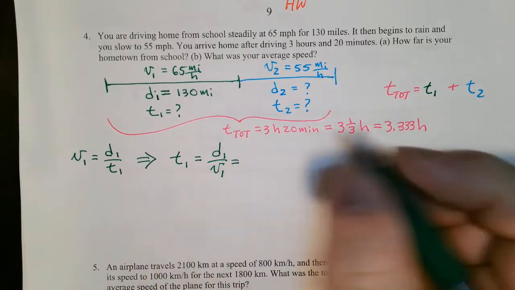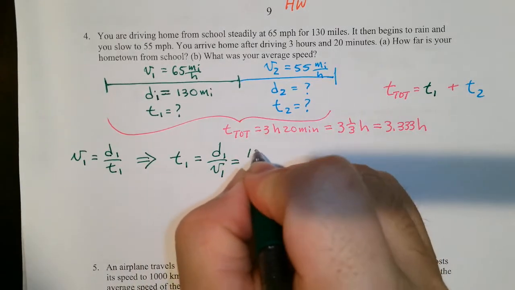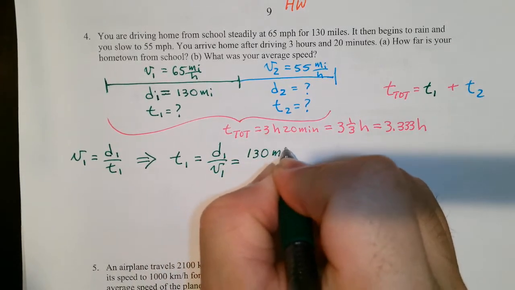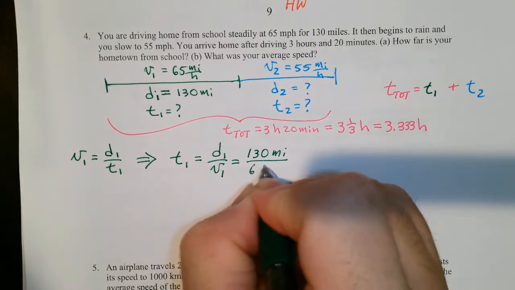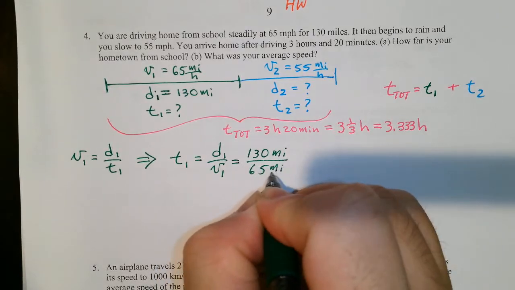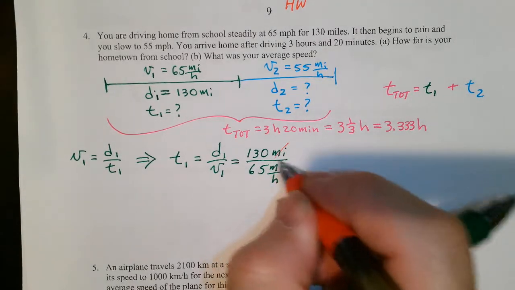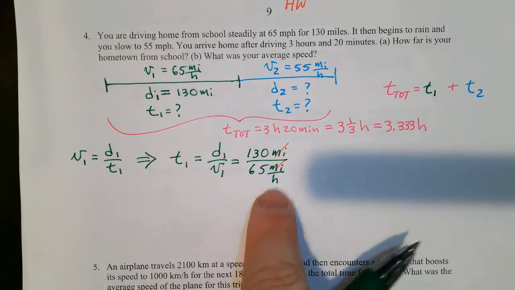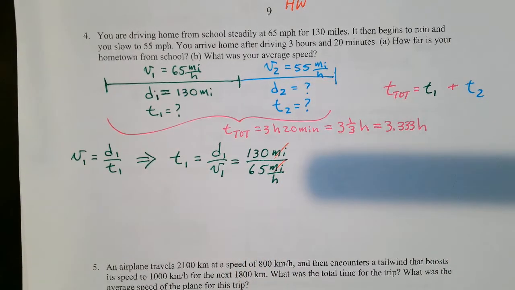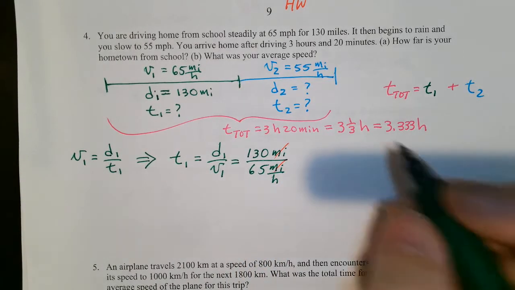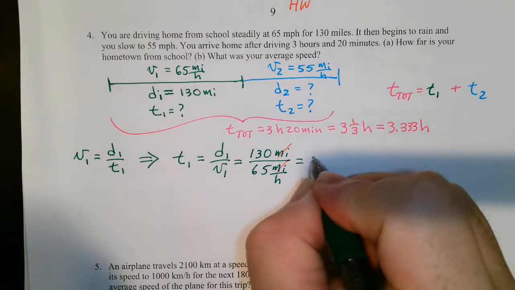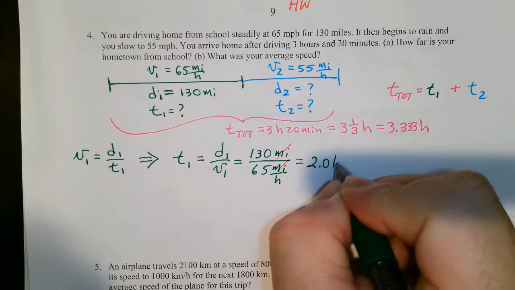And that is equal to 130 miles divided by 65 miles per hour. Notice how the miles will cancel out, putting the hours on top. Okay? And that is equal to 2 hours.